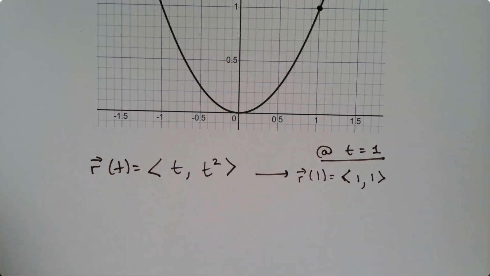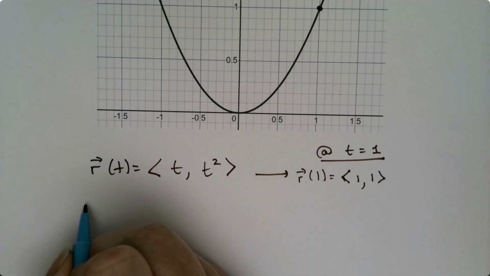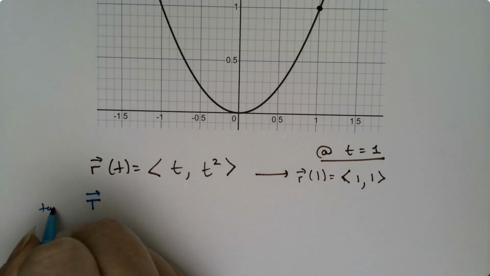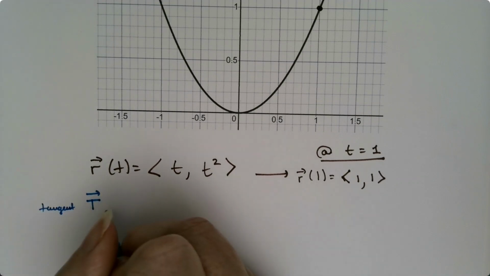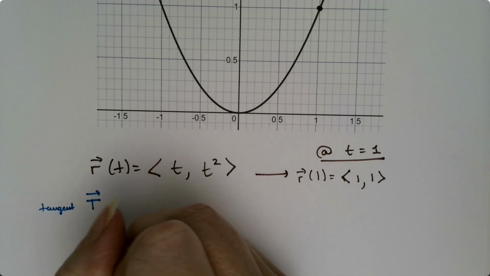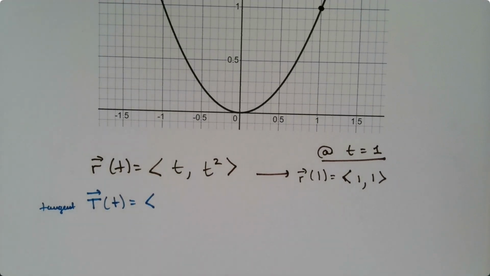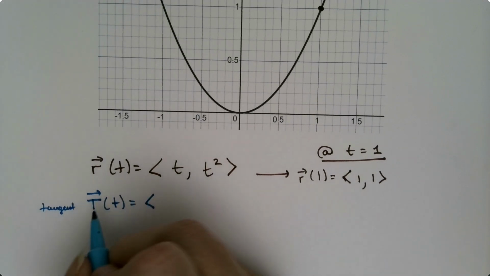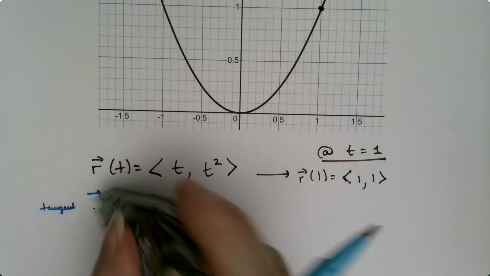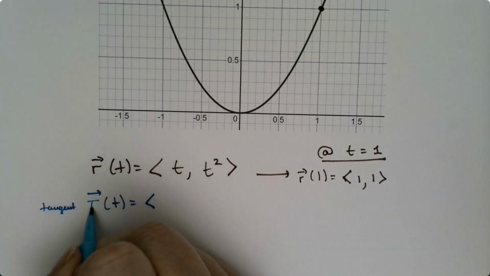All right, now I want to look at the tangent vector. We're not really doing a unit tangent vector, so let me just make this a tau or something like that, because it's not the unit tangent.